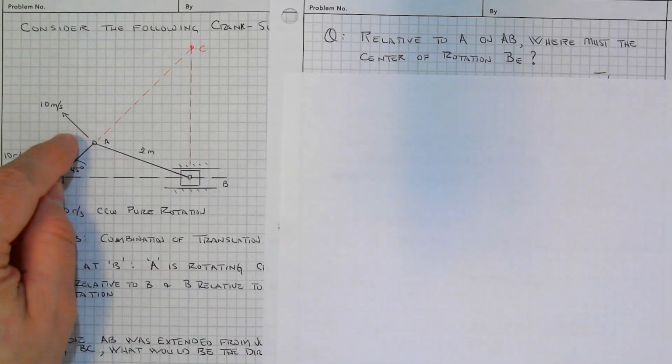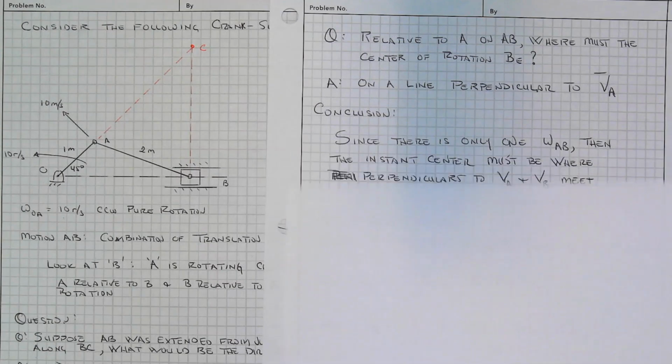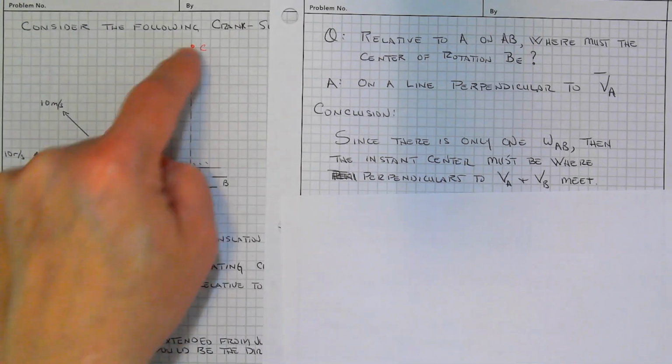Relative to A, well, here's the velocity, take it back perpendicular. So it's on a perpendicular line from VA. Our conclusion, since there can only be one angular velocity for the device, the instant center must be where the perpendiculars from VA and VB meet.